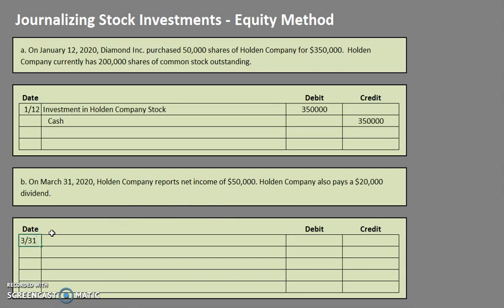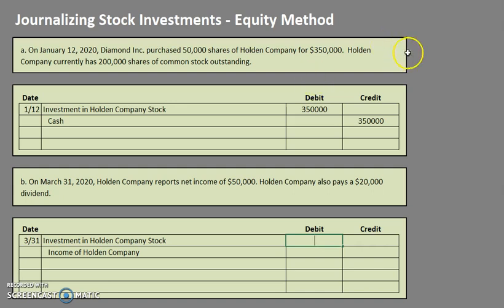So on March 31st, our investment in Holden Company stock is going to go up, and our credit, income of Holden Company, it gets its own special account, is also going to be going up. Now the amount that we are going to use is going to depend on how much of that company we own.